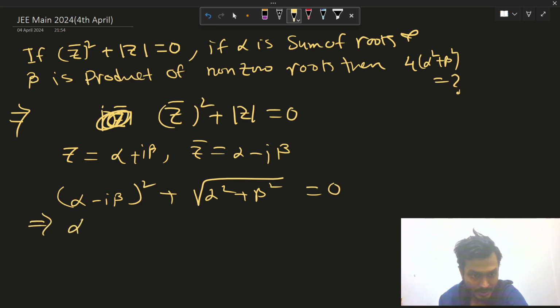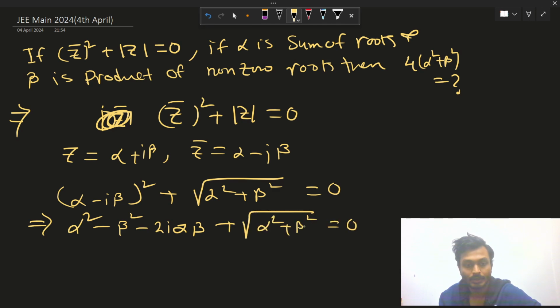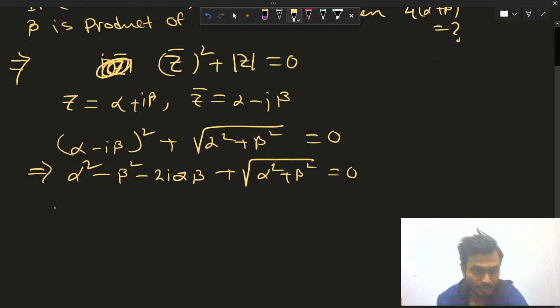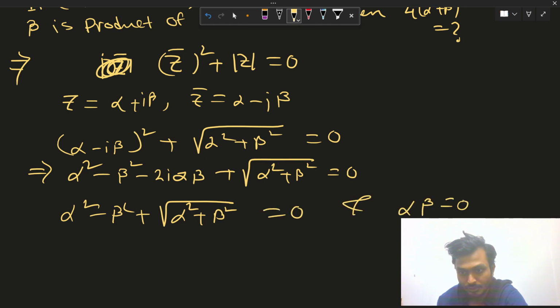Now this implies alpha square minus beta square minus 2i alpha beta plus root over alpha square plus beta square is 0, right? Now if we compare, we get alpha square minus beta square plus root over alpha square plus beta square equals 0, and alpha beta equals 0.